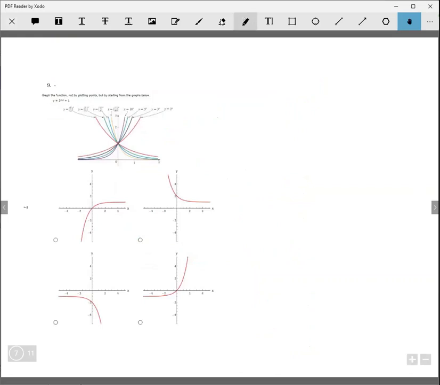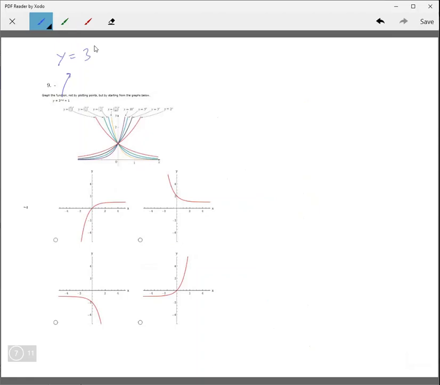Okay, let's move on to number 9. Graph the function. So you want to graph 3 to the negative x plus 1. Let me rewrite this in case anybody can't see. 3 to the negative x plus 1.